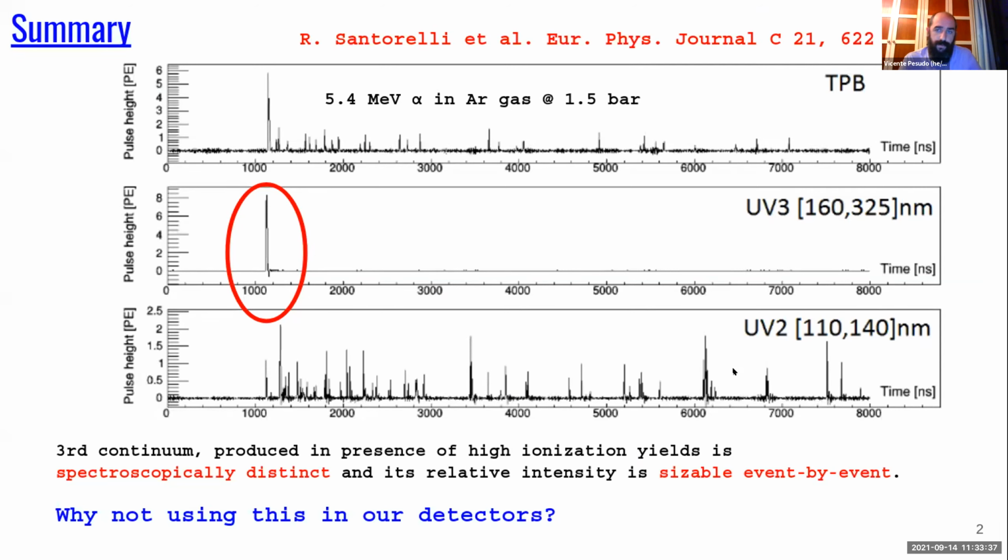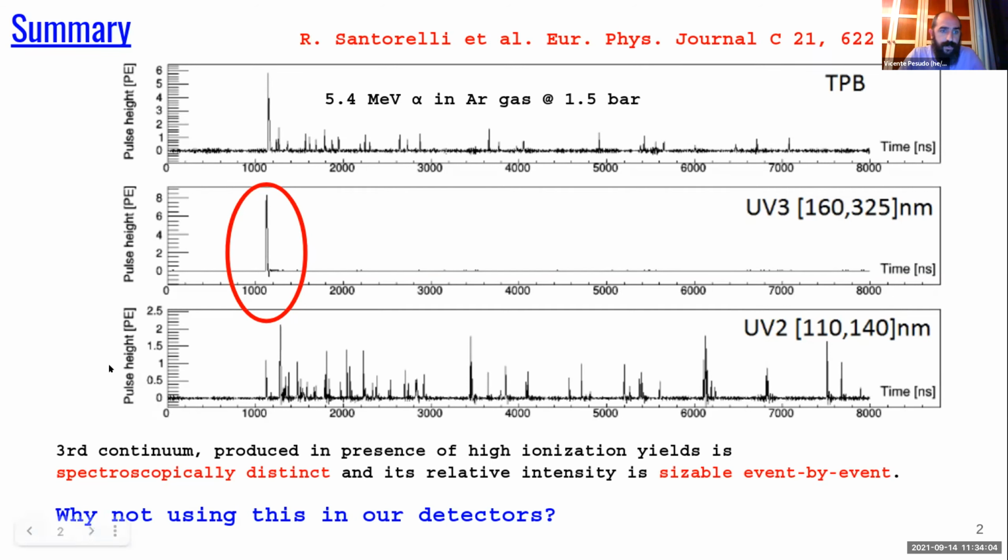What we usually assume is that all the scintillation, or most of it, happens at 128 nanometers. When you look at this in some detail, you see that the prompt light that we actually use to discriminate these alphas from electromagnetic backgrounds is actually not happening at 128 nanometers.